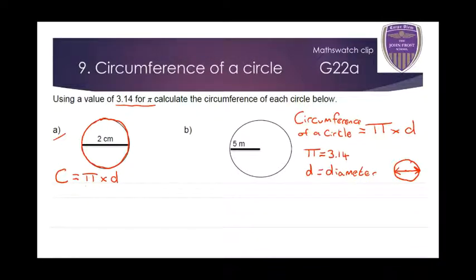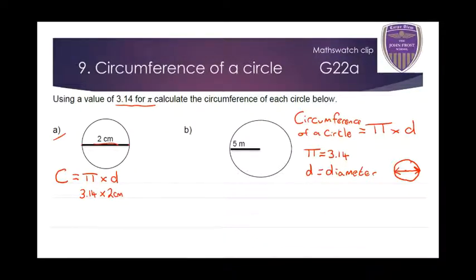Pi will always be 3.14 for these questions, but we need to find out what the diameter is. Looking at this circle, I can see that the length from one end of the circle to the other is 2 centimeters. So that must mean that my diameter is also 2 centimeters.